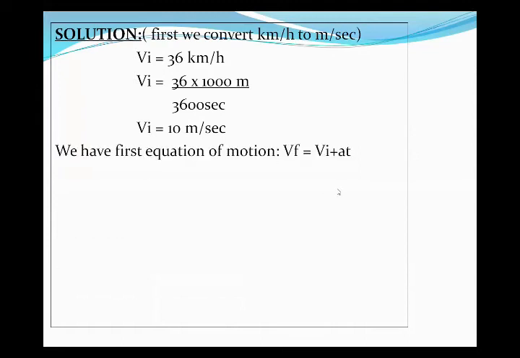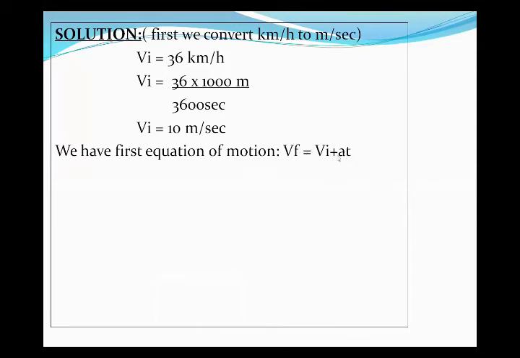After that, we will find out the acceleration. Then we will apply the first equation of motion, that is Vf is equal to Vi plus At. Then to find out acceleration, we will shift Vi to the other side, where it will become negative.